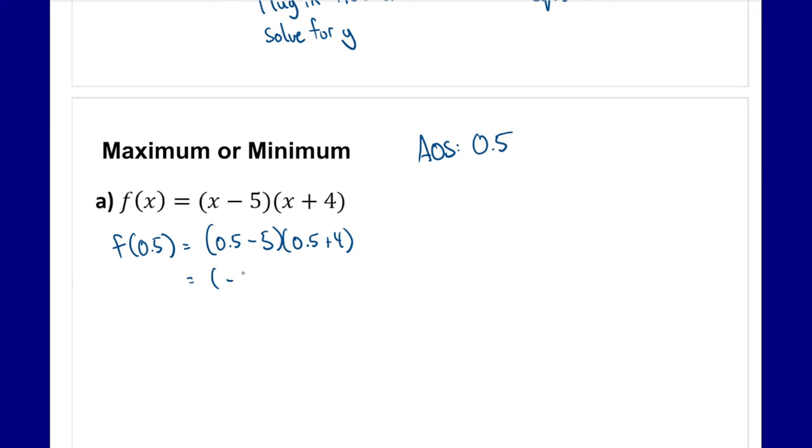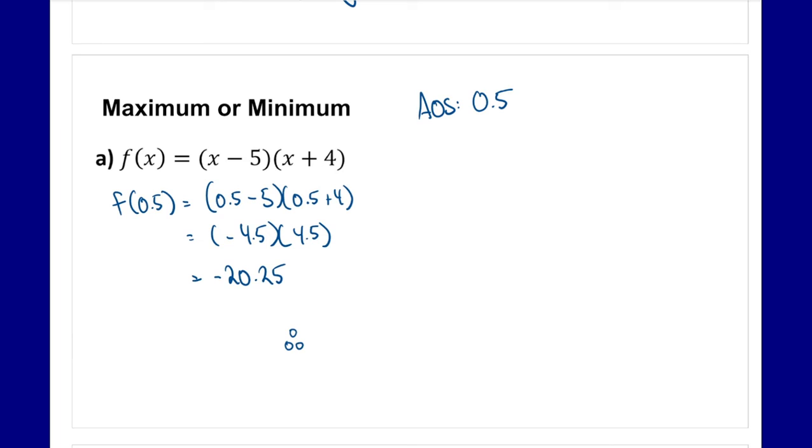We get negative 4.5 times positive 4.5. And in this case, we get negative 20.25. So therefore, we can say optimal instead, the optimal value is negative 20.25. I can say optimal if I'm referring to either the maximum or minimum.